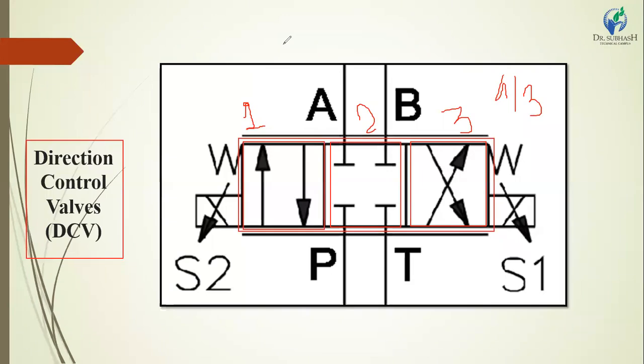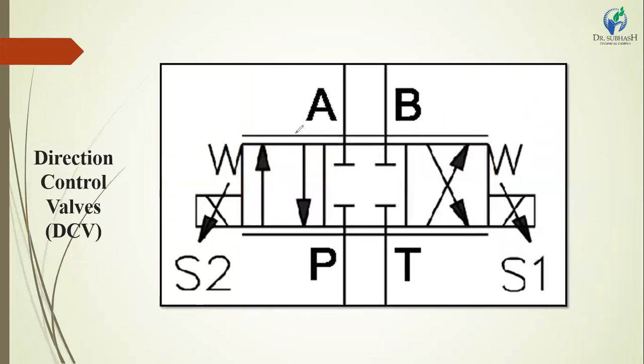Three positions are possible in this direction control valve. We have to mention the number of ports here: port 1 is P, port 2 is T, port 3 is A and port 4 is B.